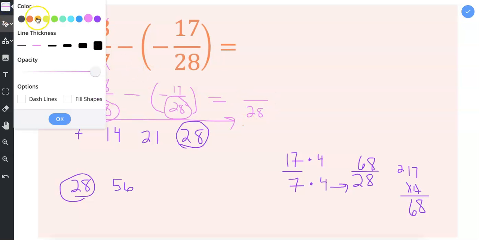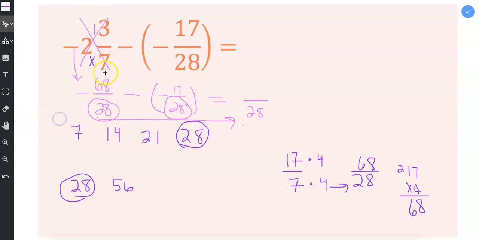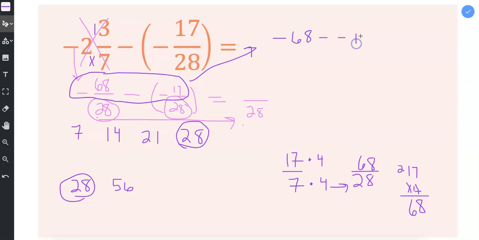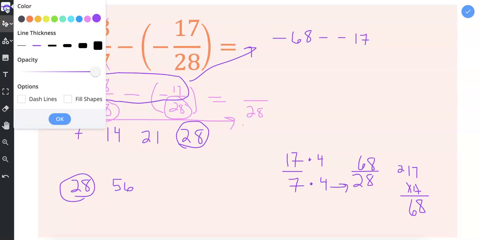That denominator stays the same. And then I need to focus on what's in the numerator. So I'm going to go over here and write this problem. Negative 68 minus a negative 17. So I'm going to need to change the subtraction to addition.